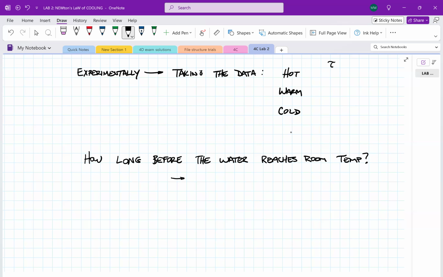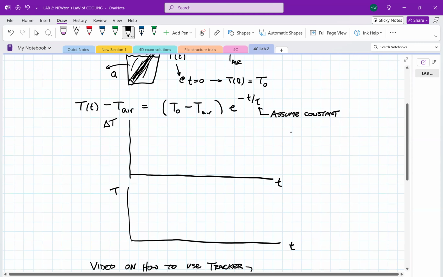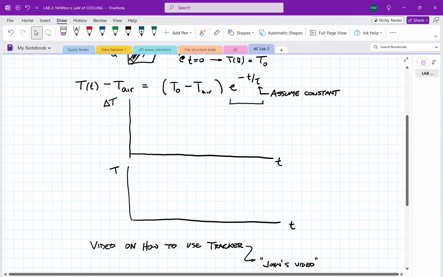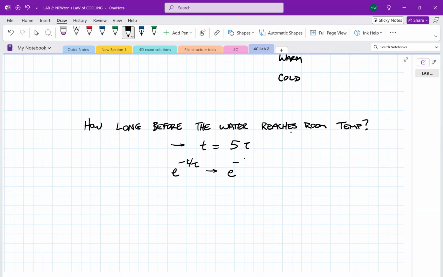We're going to call that a time of 5 time constants. Because if you look at the exponential nature of this, by the time t has reached 5 time constants, e to the minus t over tau has become e to the minus 5. And e to the minus 5 is a small number, as it turns out.